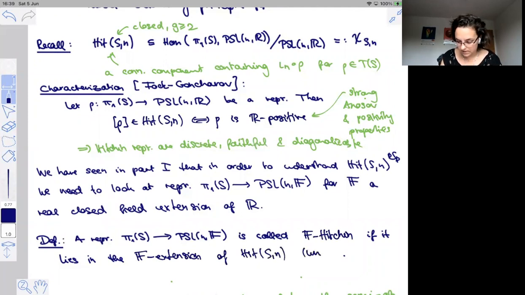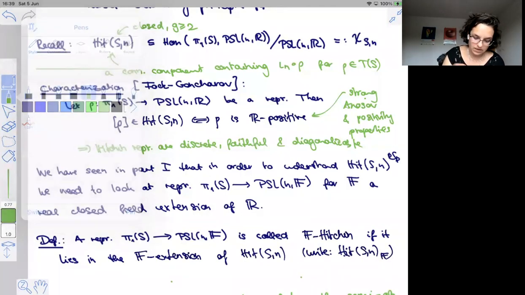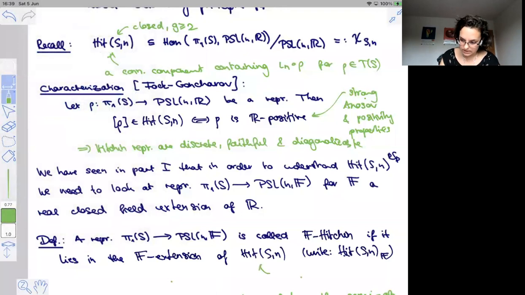And we will write Hit_n(S)_F. So let me explain what I mean. So this is a semi-algebraic subset of some R to the m.